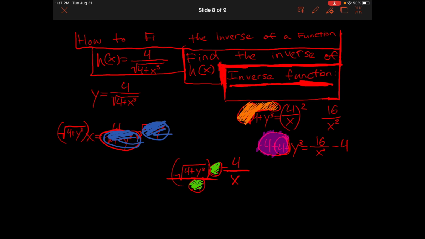And now we just want to get this cubed symbol out of the way. So now we're going to take the cube root of y cubed. And the cube root and the exponent cancel each other out.